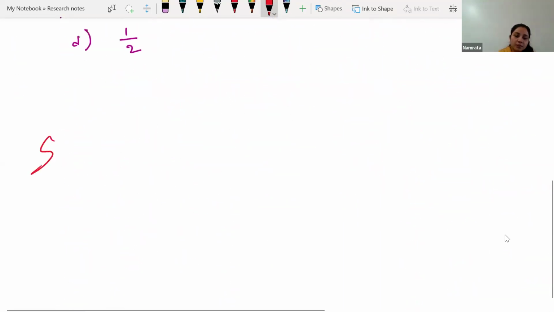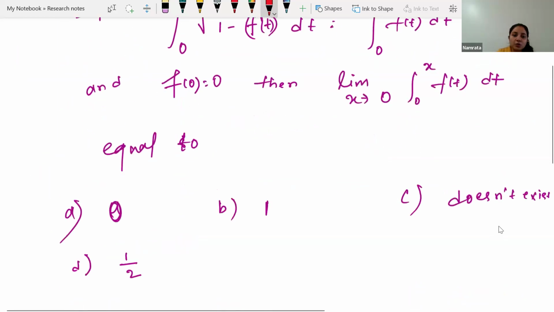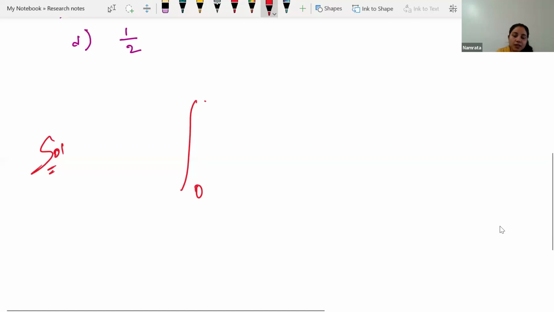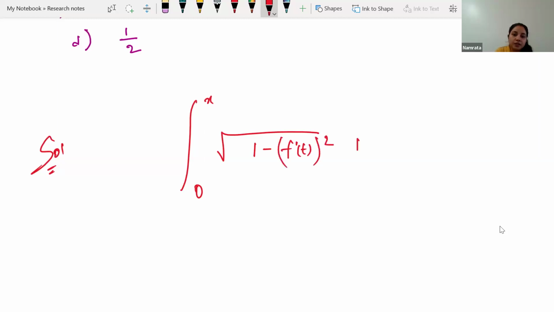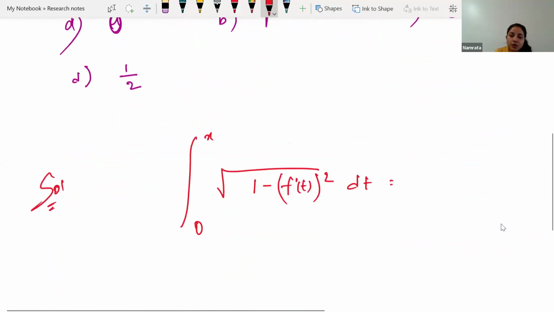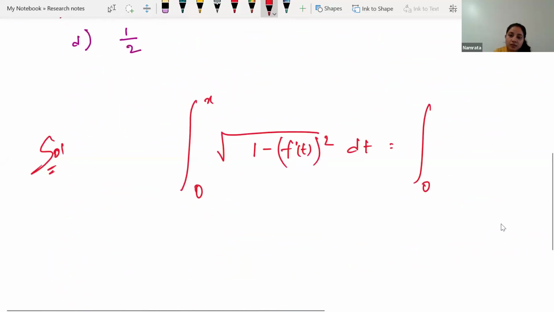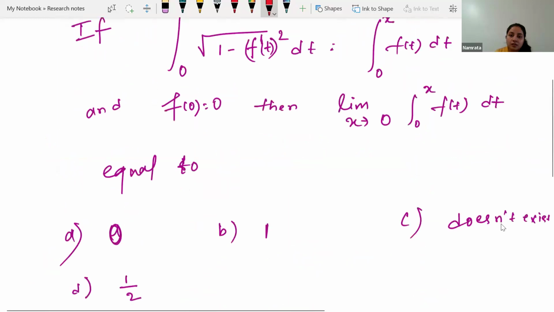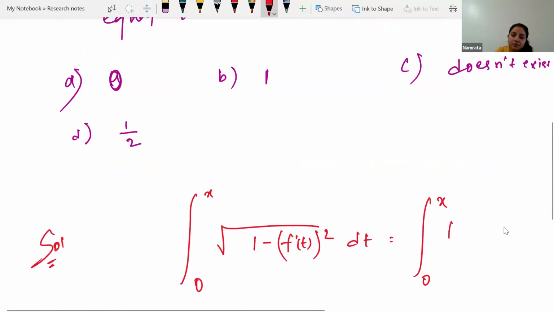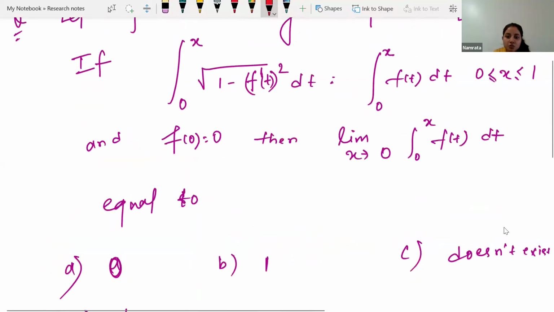The integral from 0 to x of square root of 1 minus f dash t, that's squared, dt is equal to the integral from 0 to x of f t dt.